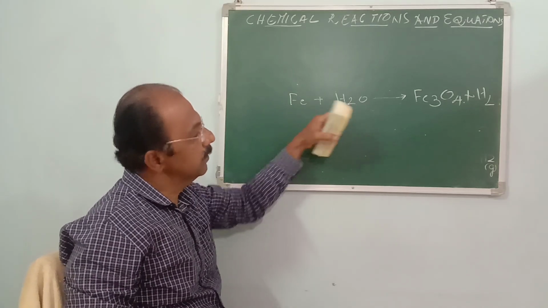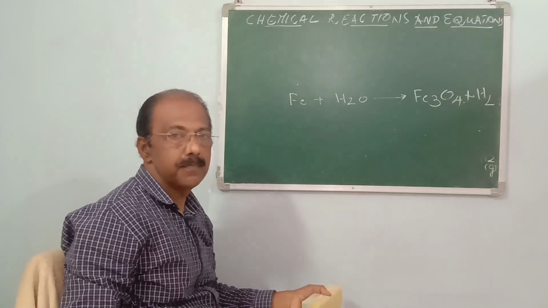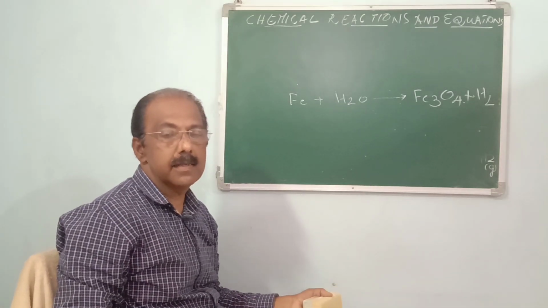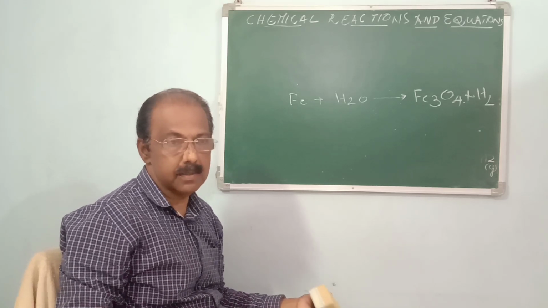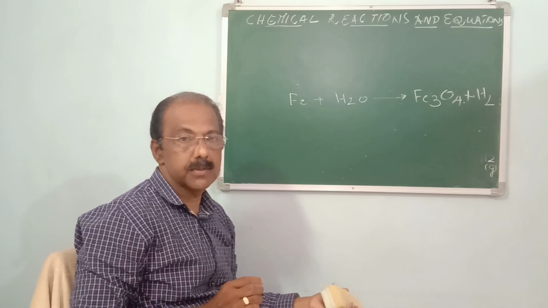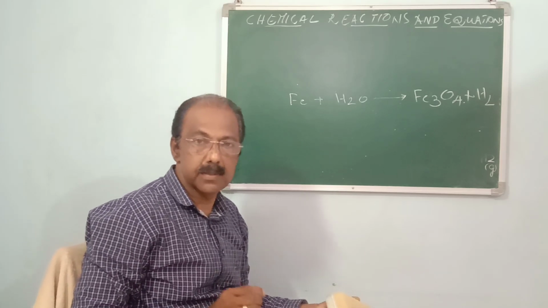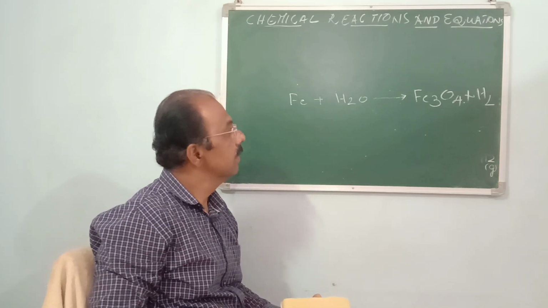This kind of balancing of a skeletal equation we call the hit and trial method, or trial and error method. We use simple whole numbers, which we call multipliers or coefficients, to balance the chemical equation.